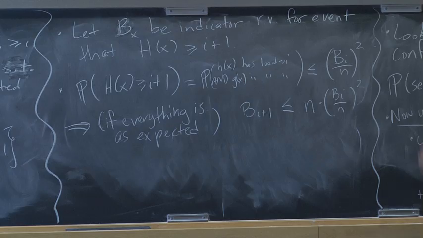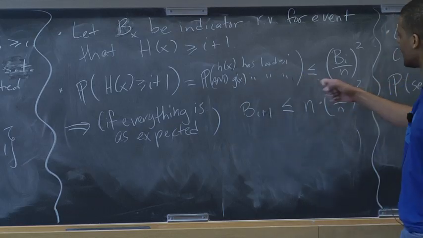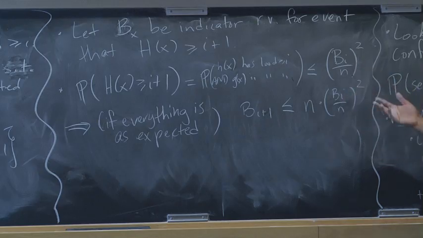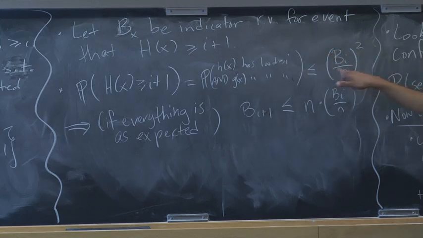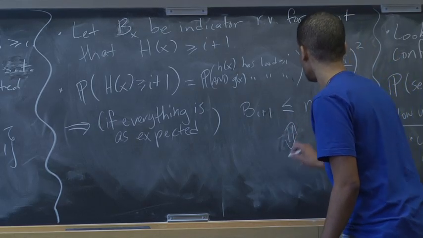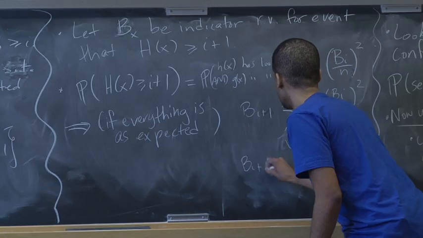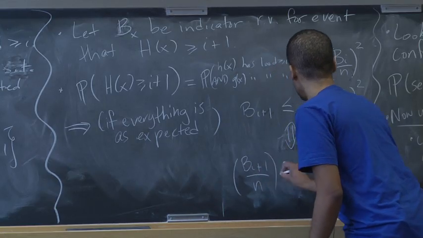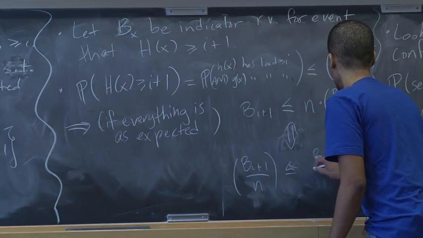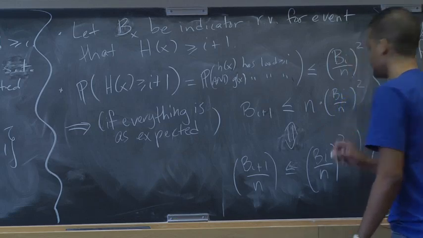Right? There are n items. For a given item, the expectation of its indicator random variable is this. So if you sum over all items, the expected number of items that have a high height will be n times this. And this is the same thing as saying B_{i+1} over n is at most (B_i over n) squared.